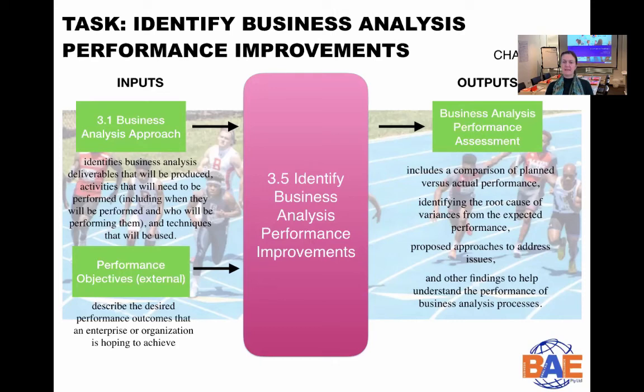And finally, it will give other findings to help understand the performance of business analysis processes more generally. So you'll have a look at the processes that were followed and why they worked or didn't work very well. Okay, so that was the fifth task. So you've now had an overview of these inputs and outputs that go into the tasks within this knowledge area.